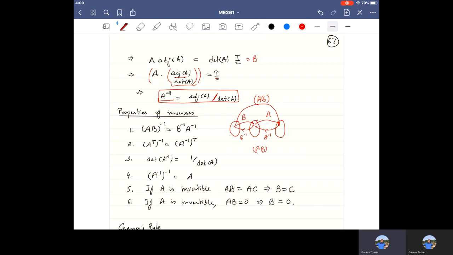So AB inverse would be B inverse multiplied by A inverse. That's the property.